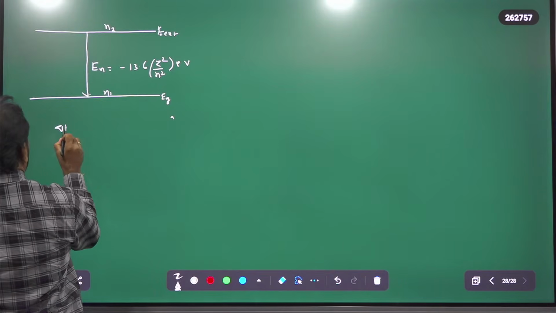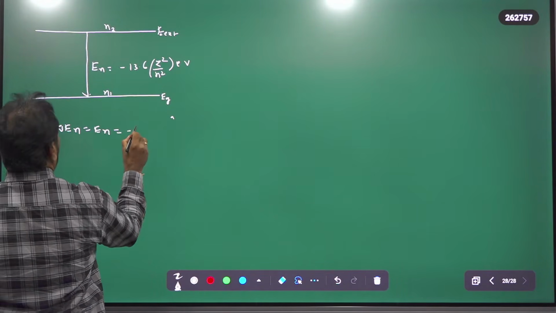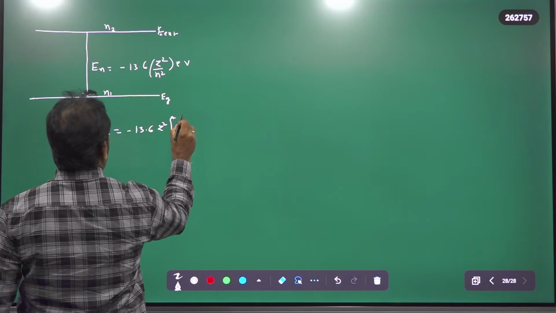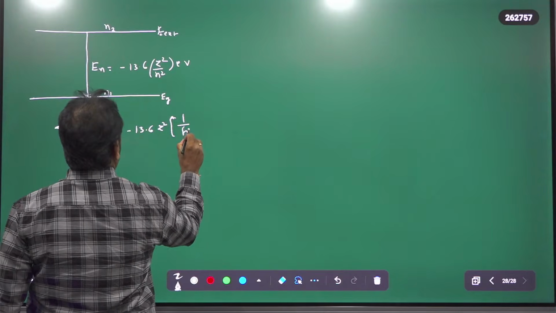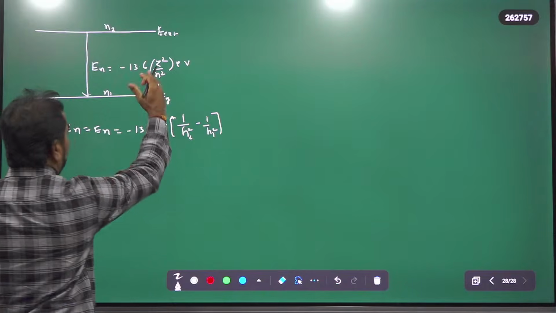Delta En is equal to minus 13.6 into Z square into 1 by N2 square minus 1 by N1 square, the difference of energy levels.